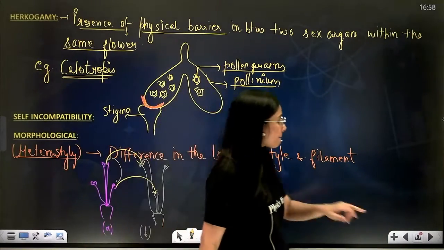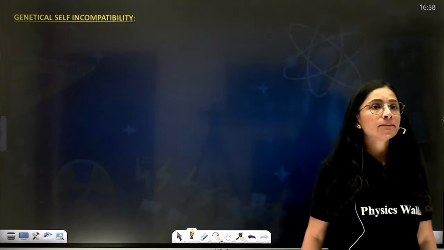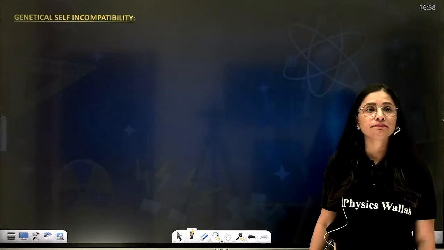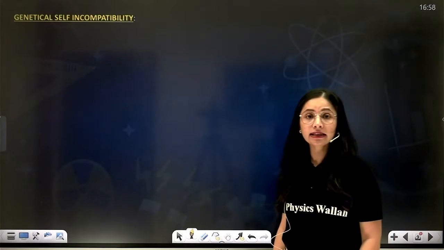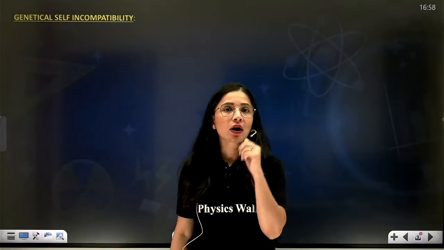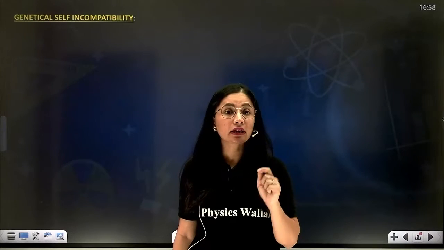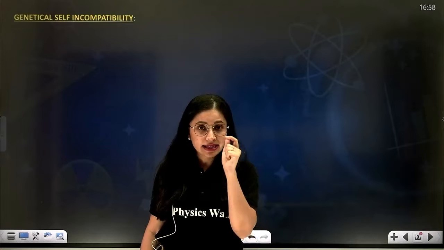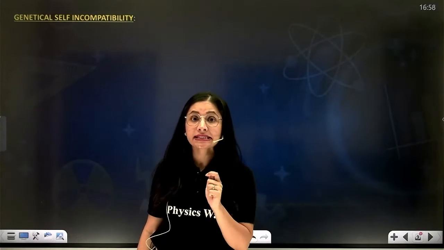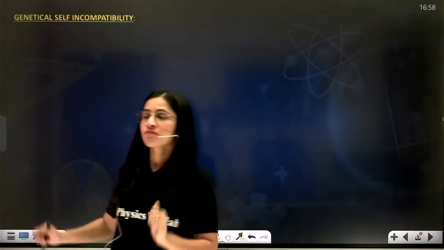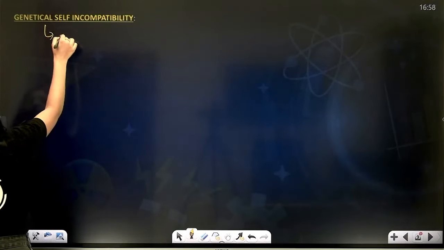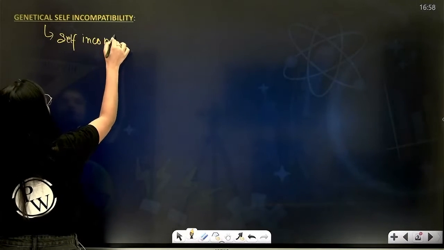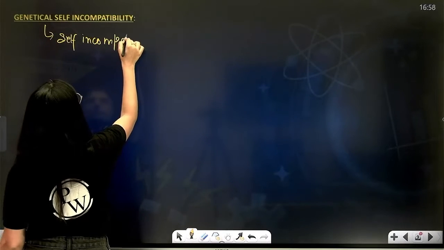Now, moving ahead with the second topic, that is genetical self-incompatibility. Genetical means when genes do not allow. See, the self-incompatibility controlling gene is represented by the symbol S. This S gene is represented by 6 different alleles. Not much is there in your syllabus for this.